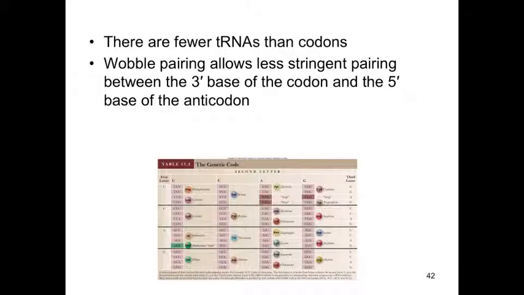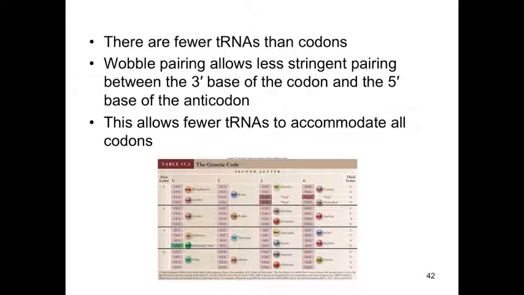It allows less stringent pairing between the 3' base of the codon and the 5' base of the anticodon. So the wobble occurs usually in the last digit as we load amino acids onto specific tRNAs. Because of this wobble, we can afford to use fewer different tRNAs to accommodate all of the different codons.